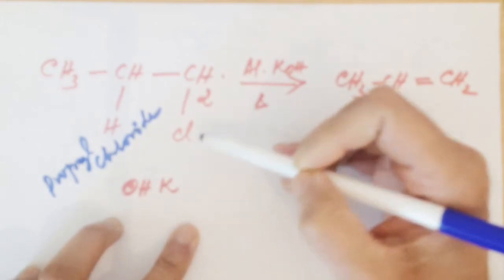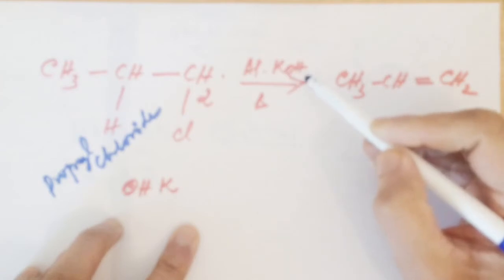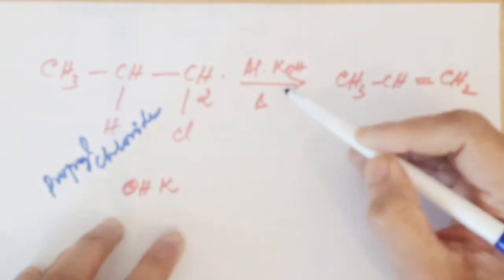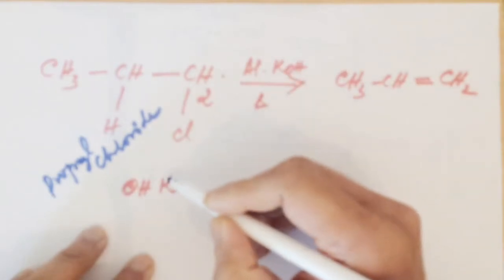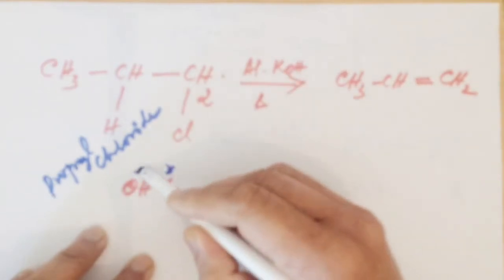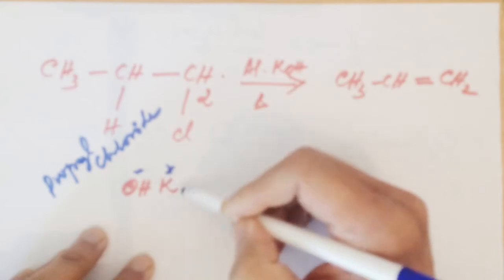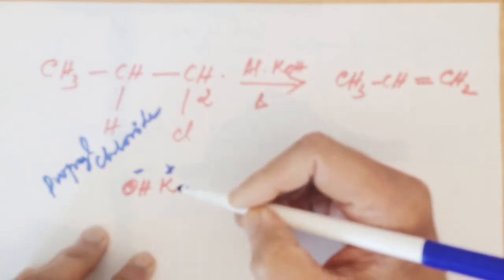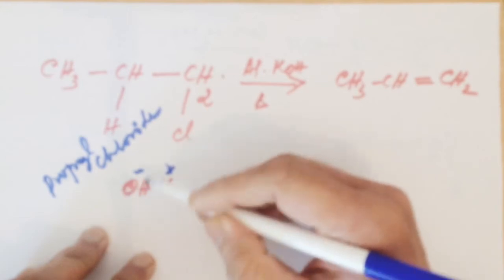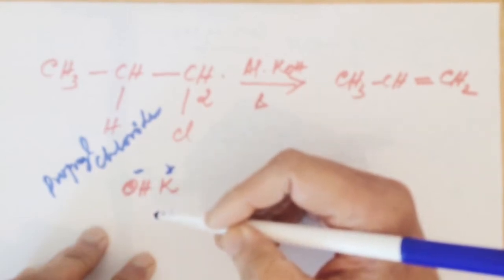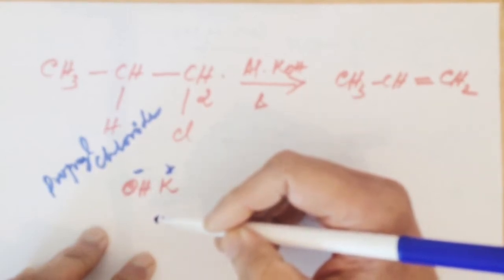When that propyl chloride is treated with alcoholic potassium hydroxide, you know, alcoholic potassium hydroxide is in ionic form, so it contains K positive and OH negative, because potassium has higher electropositivity than the hydroxyl group, and the hydroxyl group, or OH group, is electronegative.